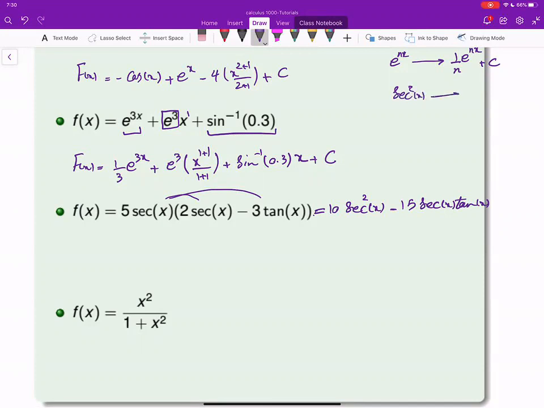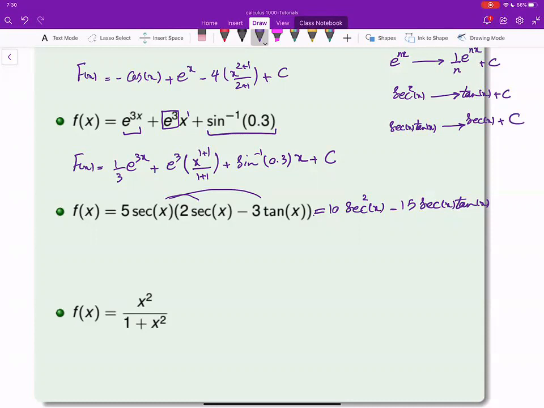Well, remember, the derivative of tan x was secant squared. So antiderivative of secant squared is tan x plus c. Also, the derivative of secant x itself was secant x times tan x. So antiderivative of secant times tan is secant, and then plus c.